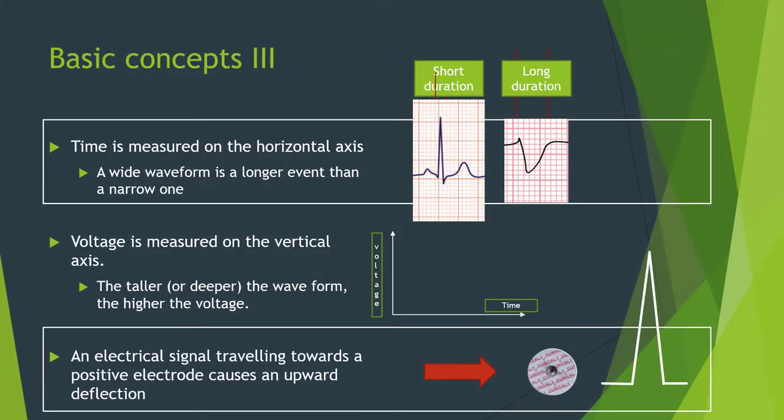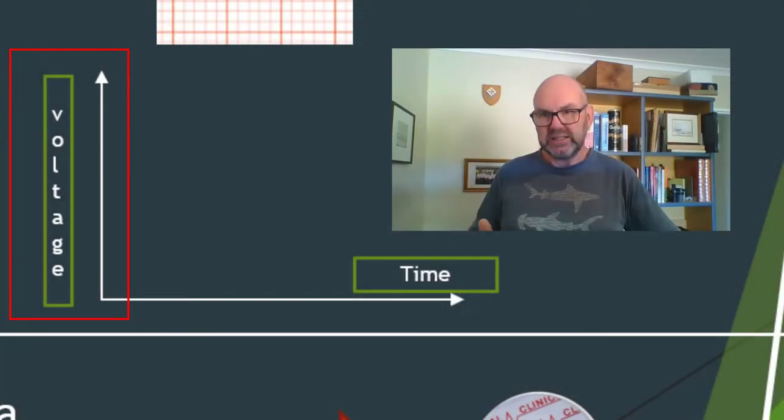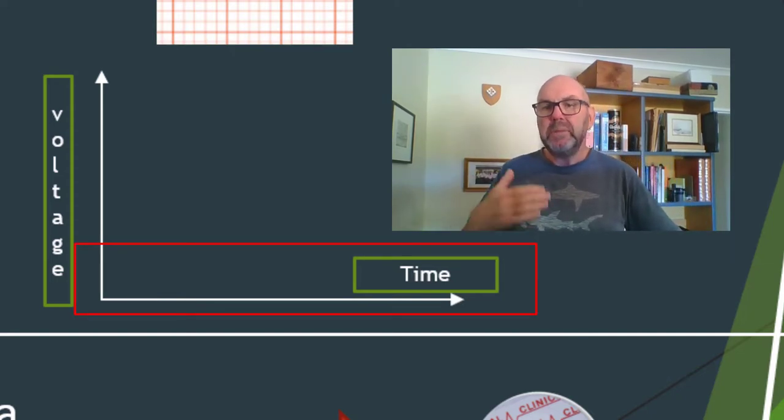Now, for accuracy's sake, the waveforms are normally printed onto ECG paper, and we view it in that format to do our interpretation. The vertical axis on this ECG paper reads voltage, and so the larger the size of the waveform, the greater the voltage. The horizontal axis on the paper measures time. Now, printers run at a standard speed.